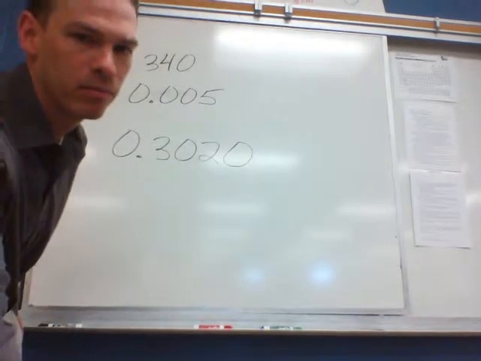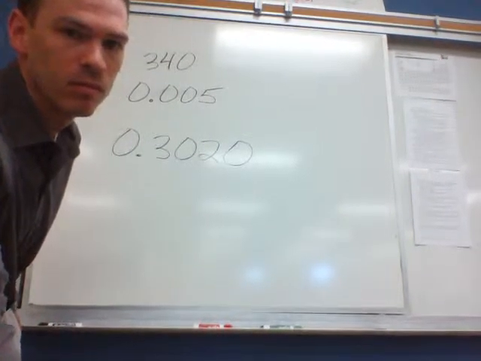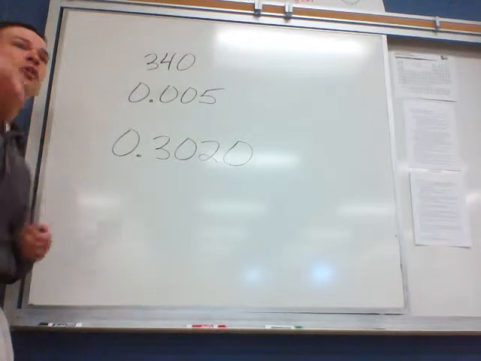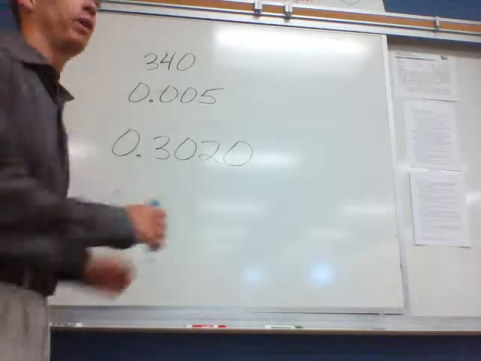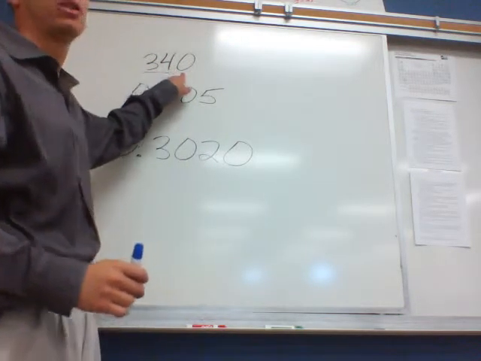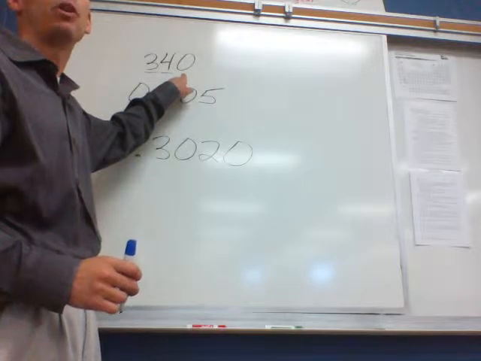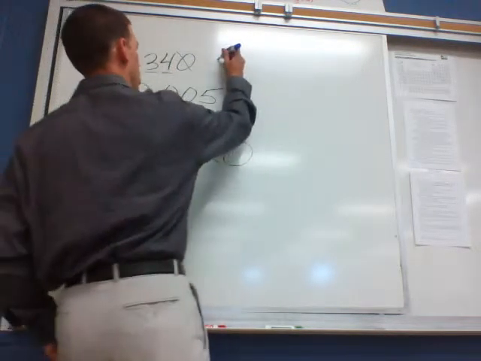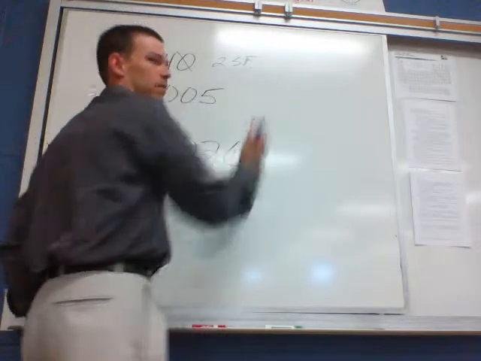Write them and solve them in your brain. How many sig figs in the expression 340? Only 2. Non-zero, non-zero. Ending zeros are significant if you can find a decimal somewhere. Do you see a decimal in that expression? Nope, there's no decimal. So this one has 2 sig figs.